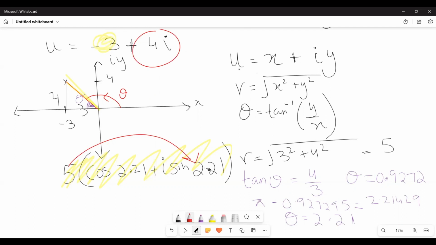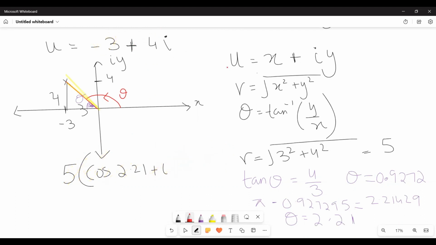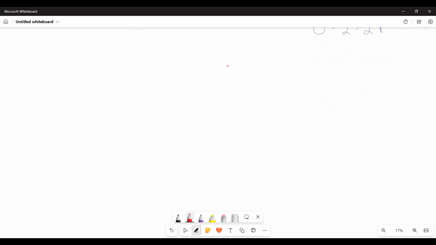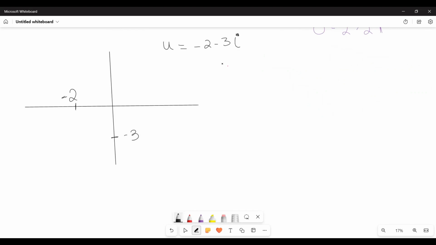Okay, so now let's discuss a case where the complex number is in the third quadrant. Let's say u is -2 here and -3 iota here.